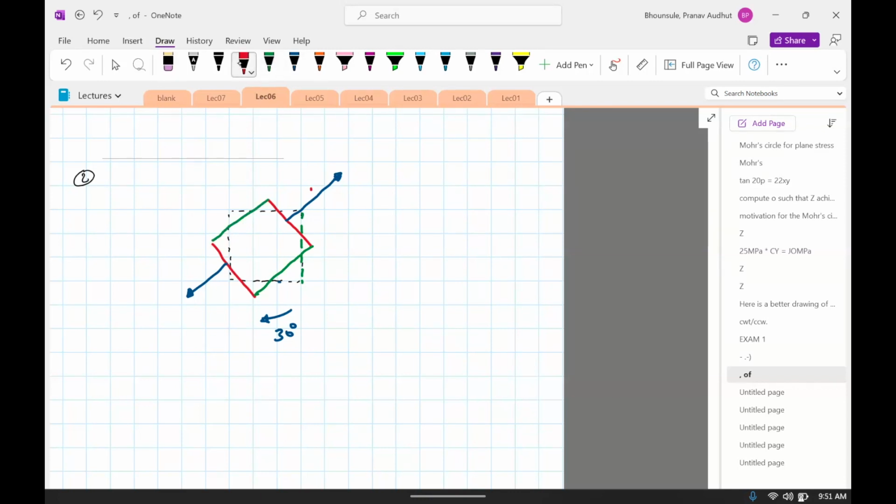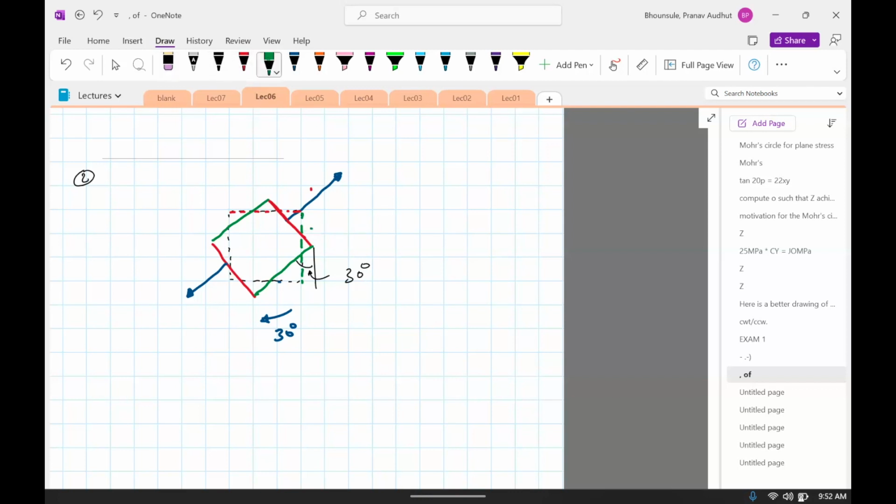Okay, and then the face B dashed line would go right there. And this angle is 30 degrees.